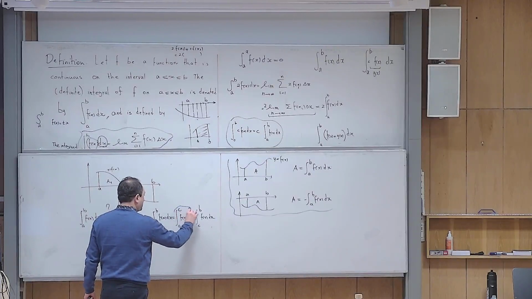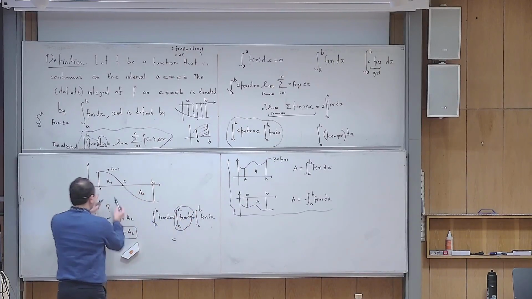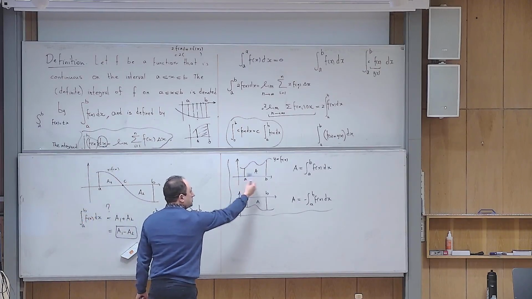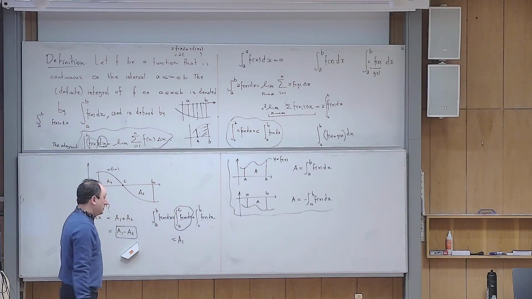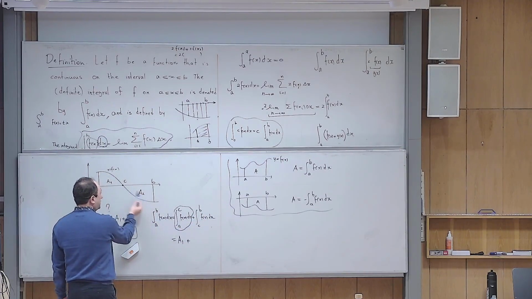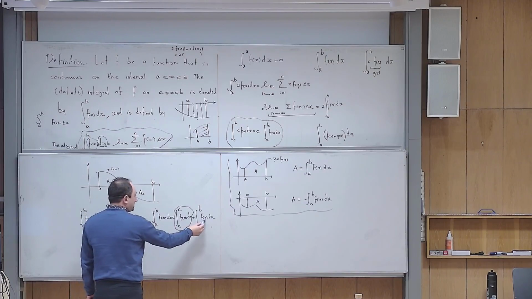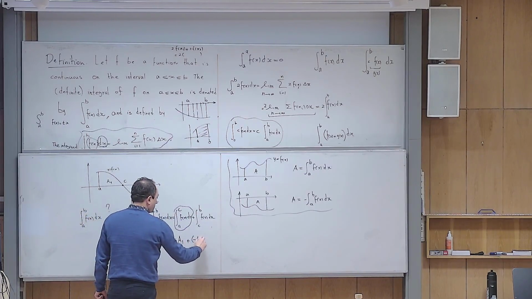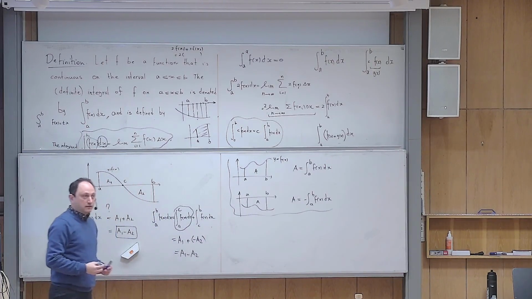What is the first one? This is exactly area 1, based on the first picture. And the second one: because this second area is below the x-axis, this integral is not exactly area 2, it is the negative of area 2, so you get A1 minus A2.